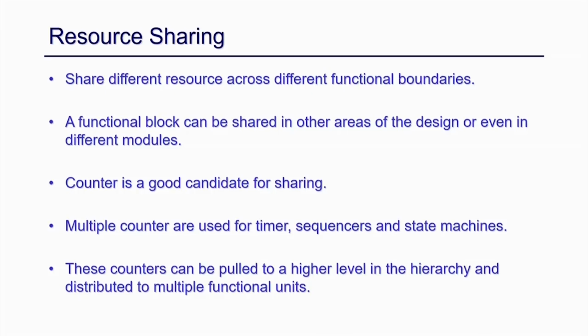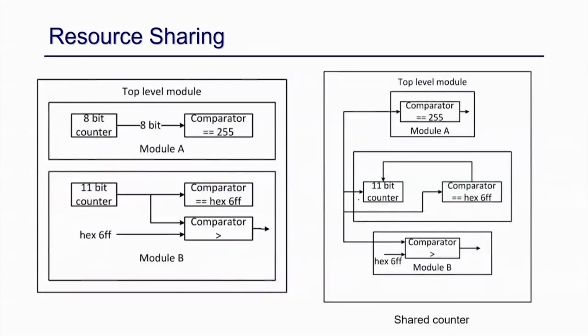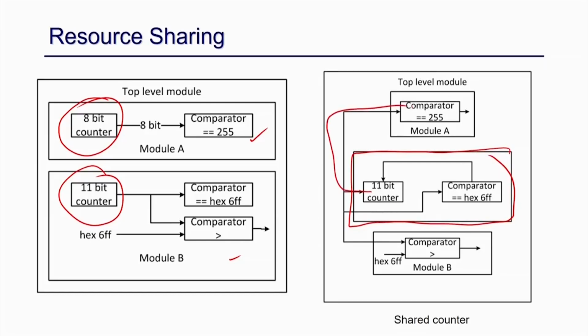It is specifically applicable to counters. If we take this example, suppose I have two modules, here I have two counters, an 11-bit counter and an 8-bit counter. What I can do is bring out the counters from these two modules and have a dedicated counter module, which is an 11-bit counter. I can use the 8 LSBs as the counter for this module, and all 11 bits as the counter for the other module.